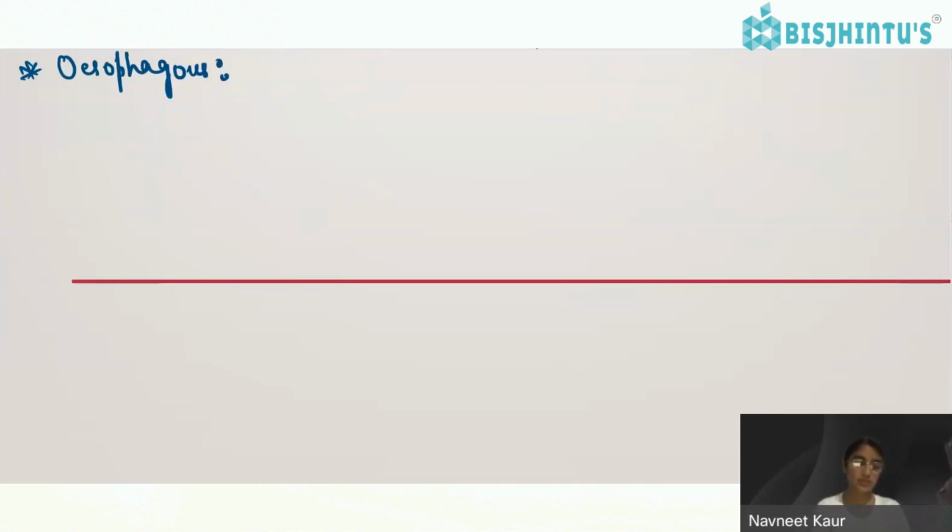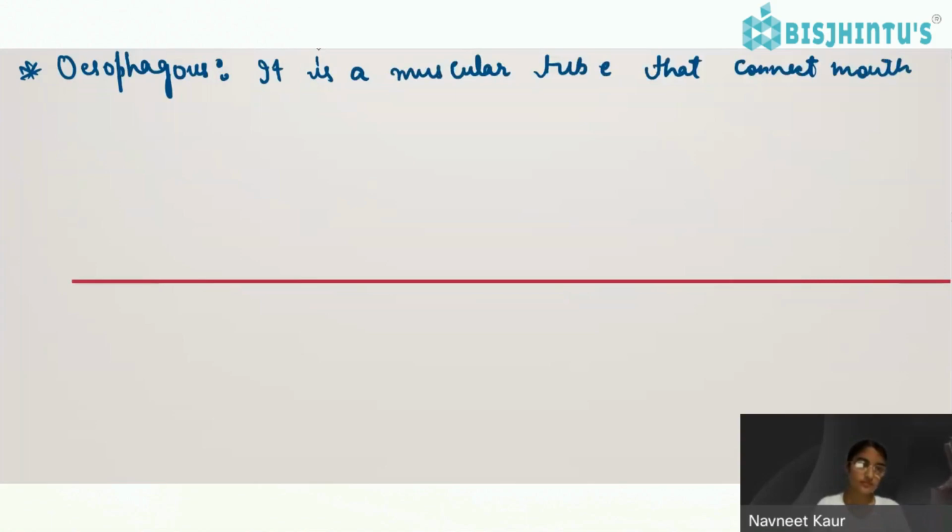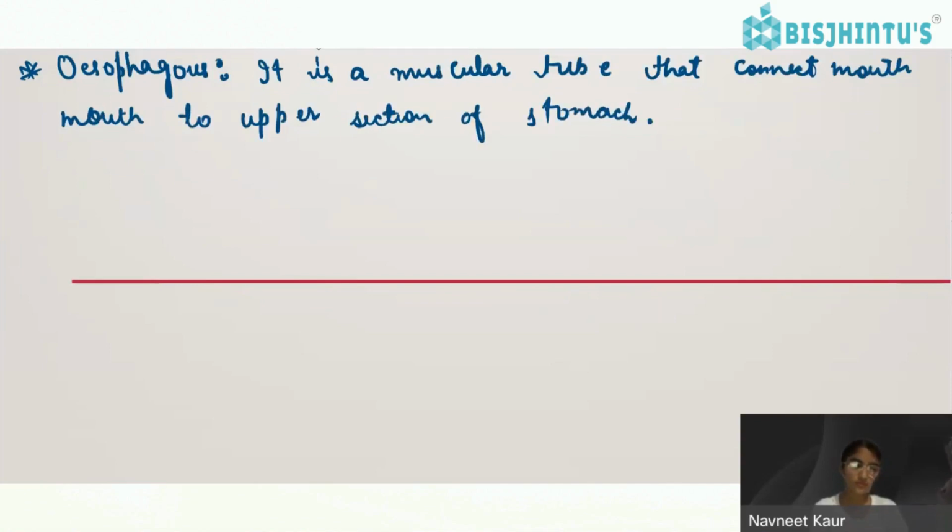The esophagus is a muscular tube that connects the mouth to the upper section of the stomach.